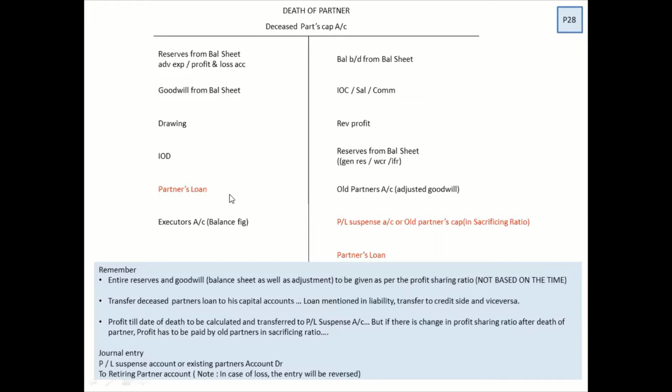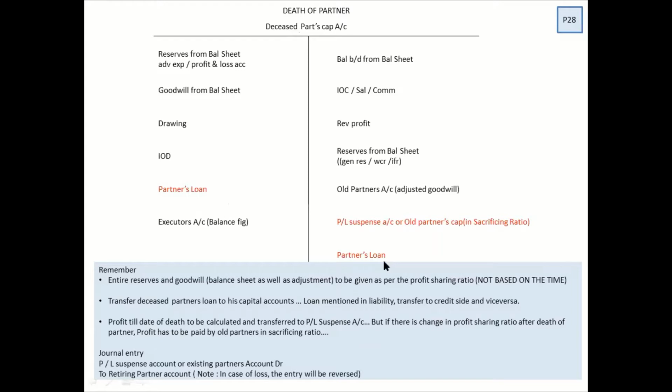Now let's look into this part, the partner's loan. In a business, a partner can give a loan or he can even take a loan. Now what happens in the deceased partner case? In case a partner has given a loan, it would be there in the liability side, and now that partner has died, so that loan you should transfer to the partner's capital.